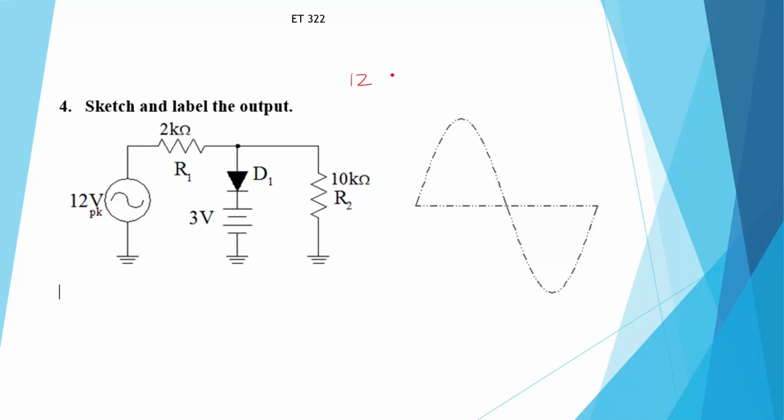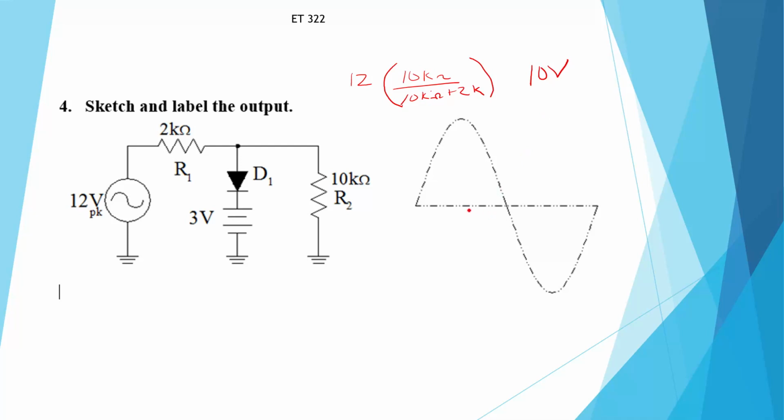There we go. 12 volts times 10K over 10K plus 2K. And if you notice, I've made it easy for you, since 2 and 10 equals 12, so it's just going to be 10 volts.